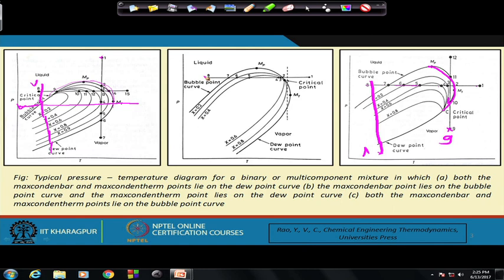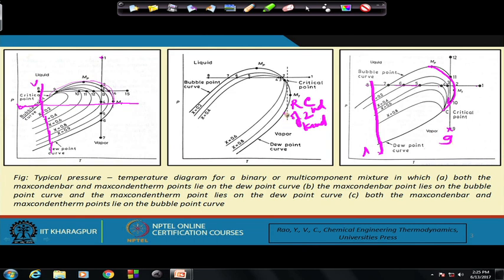So, this horizontal line suggests retrograde condensation of the second kind, similar to what we have seen in this figure.